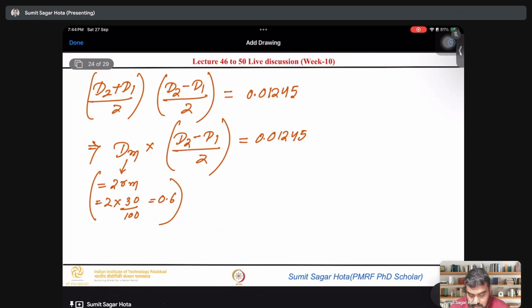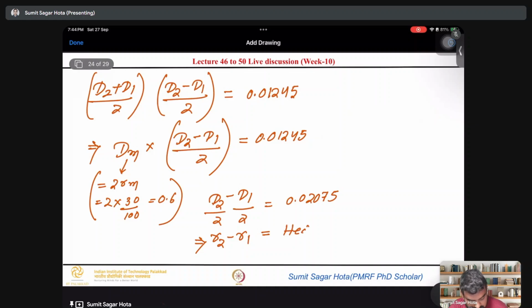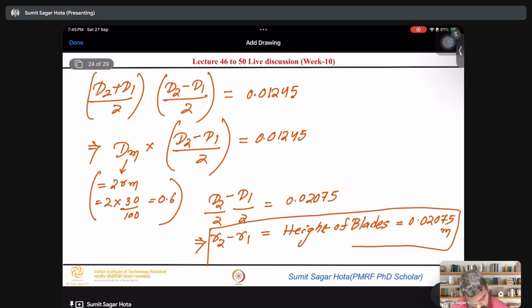So now d2 minus d1 by 2 is equal to 0.02075, which is equal to r2 minus r1, which is the height of blade. The height of blade is equal to 0.02075 meter, which is 20.75 mm.